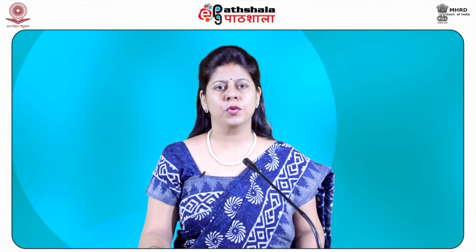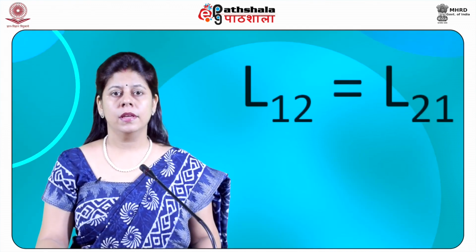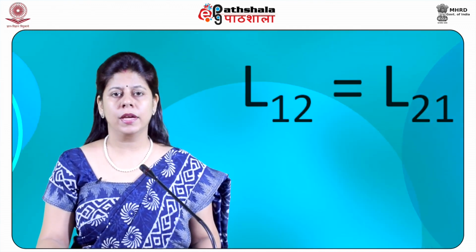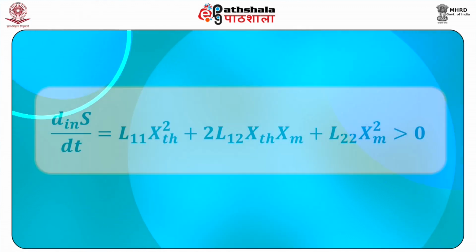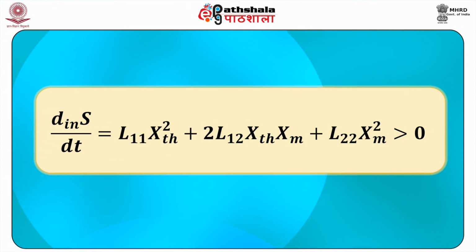Using the equations and the Onsager reciprocal relation, which is L12 equals L21, the rate of entropy production becomes L11 Xth square plus twice L12 Xth Xm plus L22 Xm square.